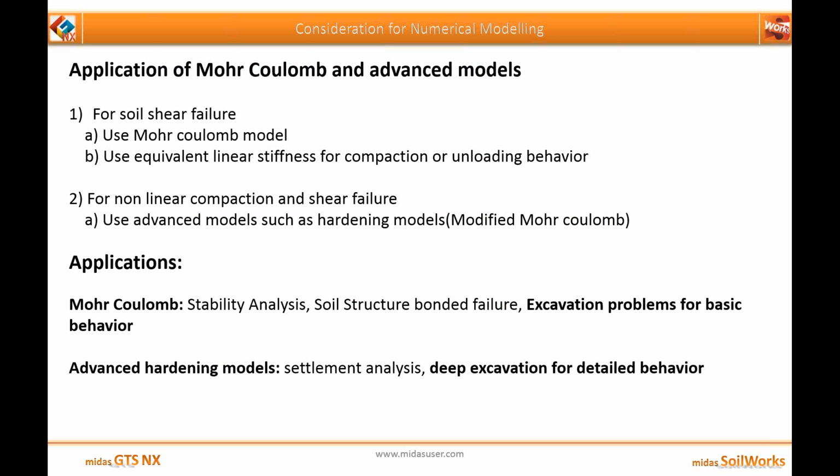For shear failure, we use the Mohr-Coulomb model, using equivalent linear stiffness for compaction or unloading behavior. For nonlinear compaction and shear failure, use advanced models such as hardening models or modified Mohr-Coulomb. Mohr-Coulomb is used for slope stability analysis, soil structure bonded failure, and excavation problems for basic behavior. The advanced hardening model is for settlement analysis, deep excavation and detailed behavior.